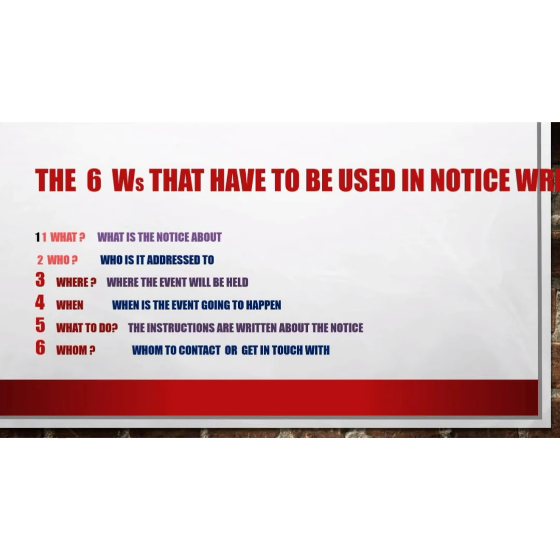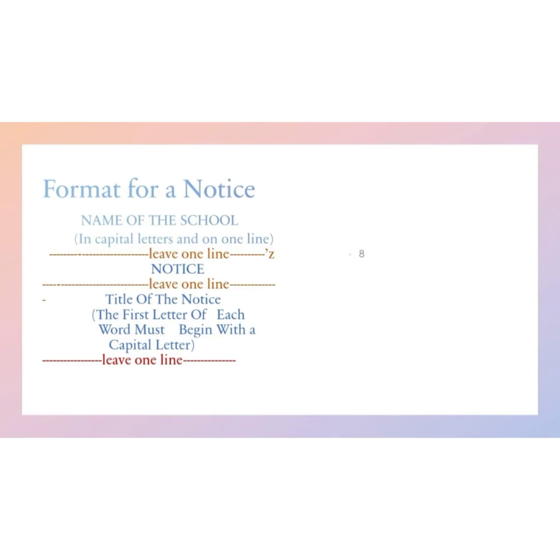We begin the format by writing the name of the school and the place in the center of the box on the first line. When you write the name of the school and the place, all these letters have to be capital and on just one line.